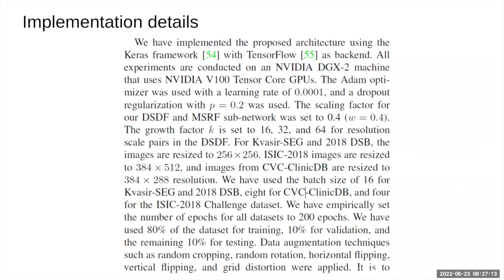Regarding the implementation details, the most interesting thing here is that all the images were resized first, and also you can see that different batch sizes were applied for different data sets with different image sizes. We also have 200 epochs.